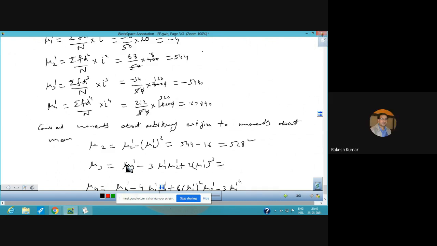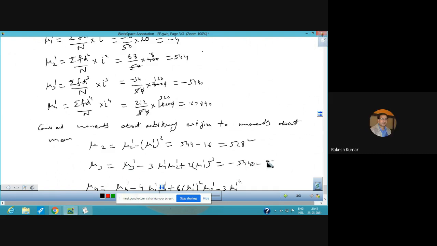mu3 dash. Now put the value. Mu3 dash is minus 5440.